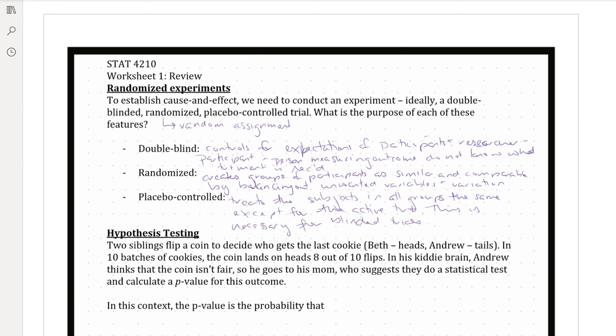So if we're measuring the efficacy of a surgery, people or animals or whoever is being treated will receive anesthesia, they will literally go under the knife, they'll receive an incision, and then they'll wake up, they'll have sutures and everything, even though nothing will have actually been done to them while they were under anesthetic. So this placebo-controlled idea is very important because we want to be able to measure the true effect of having received the treatment itself, as opposed to the impression or the perception of having received a treatment.